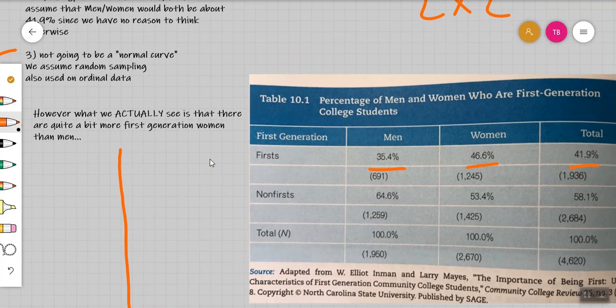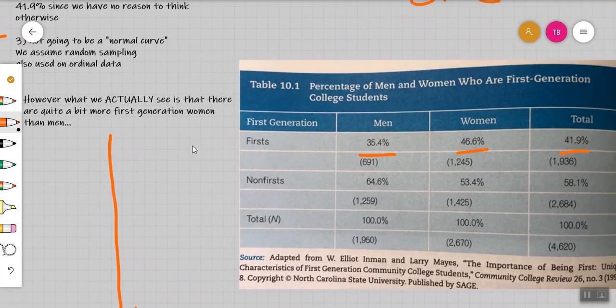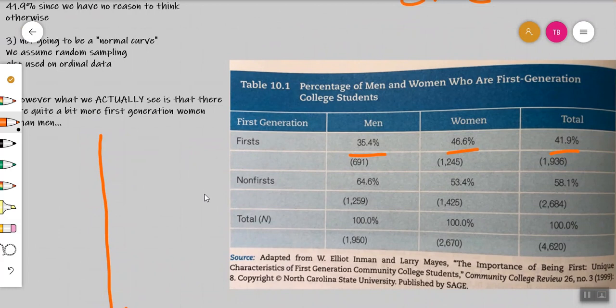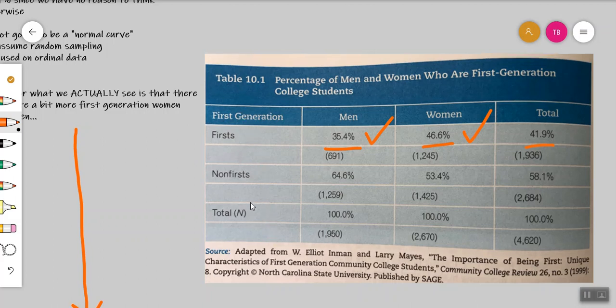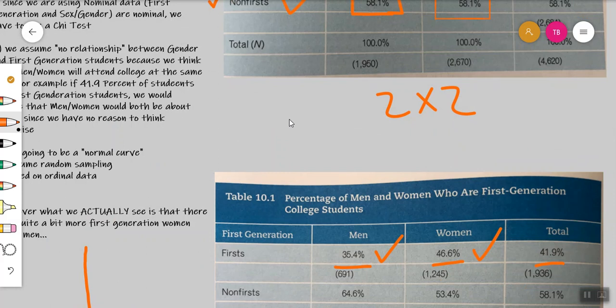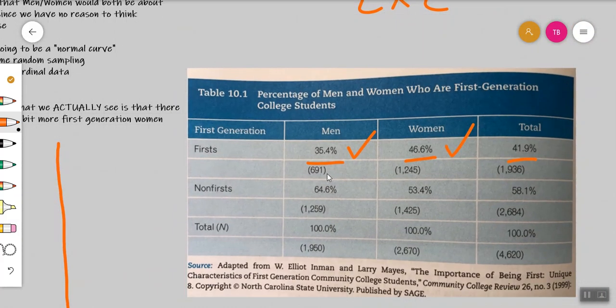But here's what they actually did. When they actually went through and collected the data, when they asked all the first generation students and all those non-first generation students what their gender was, they actually found something kind of surprising. So if you look here, rather than the 41.9% up here that we assumed, there's actually a difference.